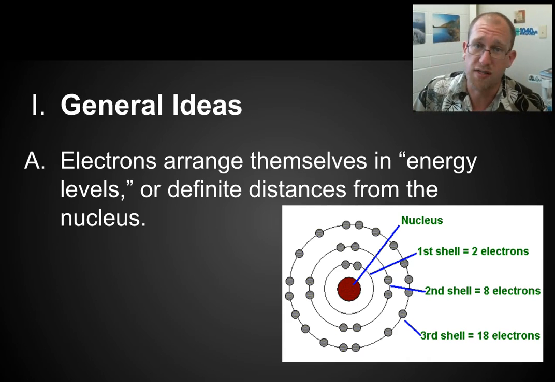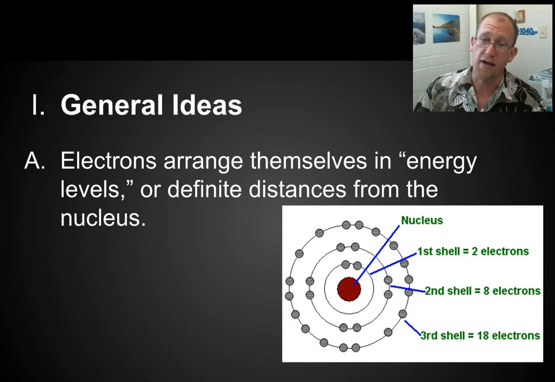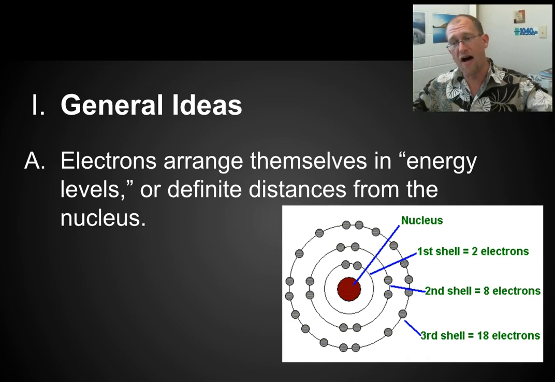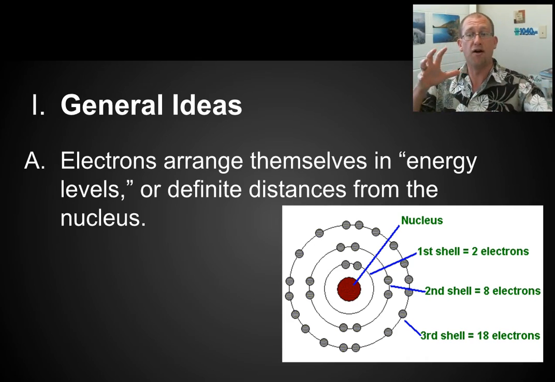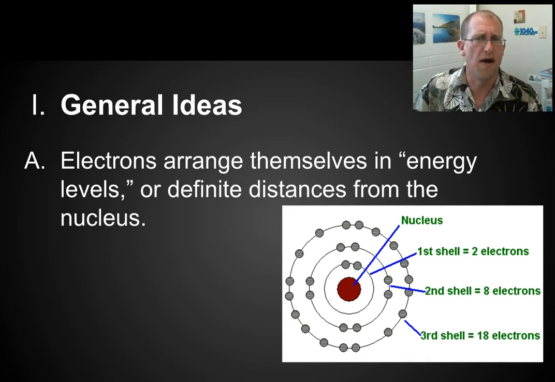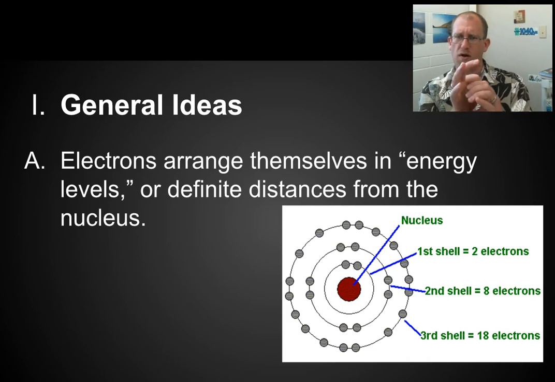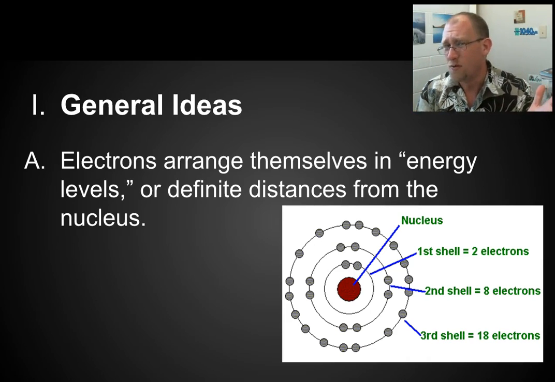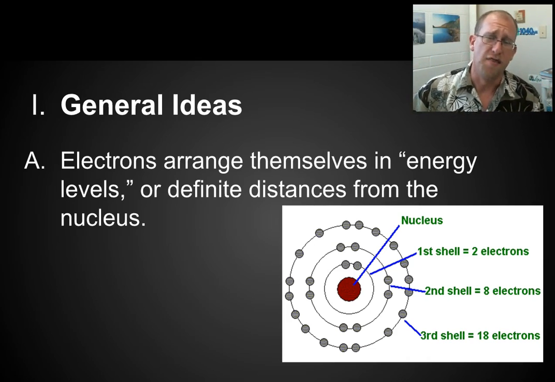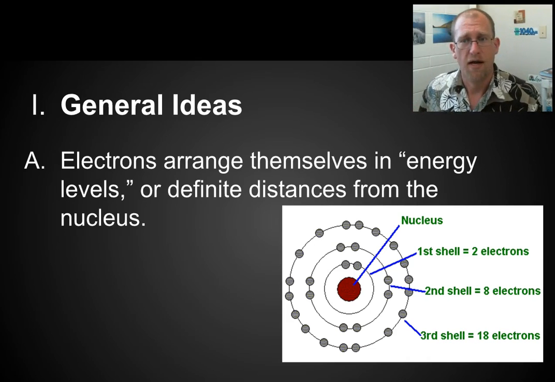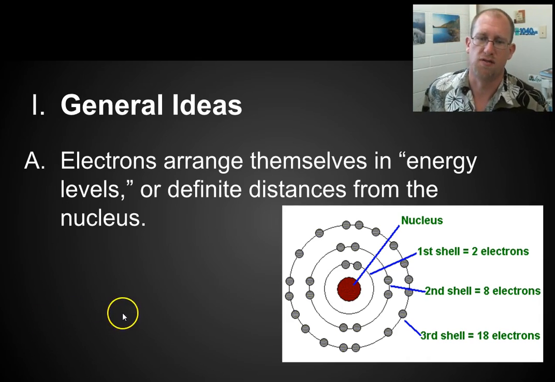Energy level 2 is closer to the nucleus than energy level 3, and then 4, and then 5. And as the energy levels get bigger, just like rings around an onion, if you cut an onion, right around the core, it's small. And then as they get bigger, they can hold more onion, right? Same idea here. The energy levels that are further from the nucleus get bigger and can hold more electrons, right?